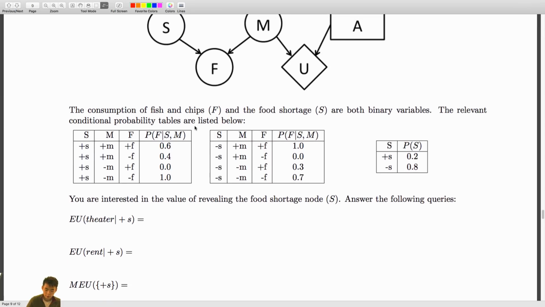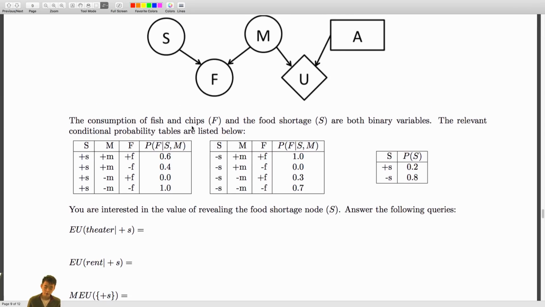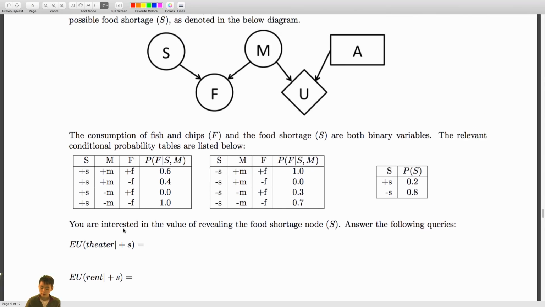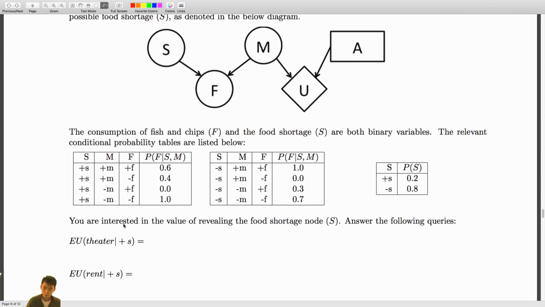Okay, so our first observation is that the utility of choosing a certain action only depends on the action we take and also the quality of the movie. But if you look at the diagram above, S is actually independent of M. So what that means is that if we learn S, we don't actually know anything more about M. So the expected utility of going to see it in the theater conditioned on the fact that there is a food shortage means that there's no value in knowing this.